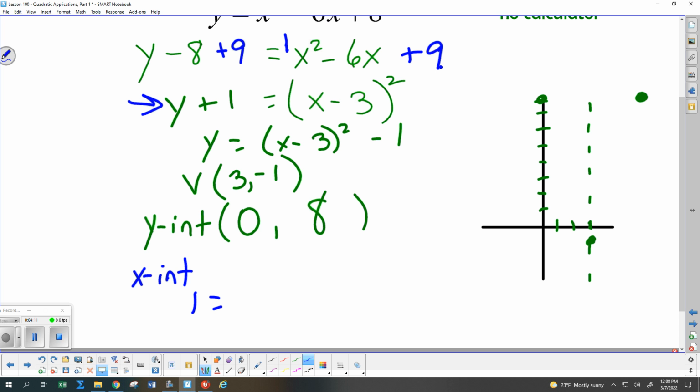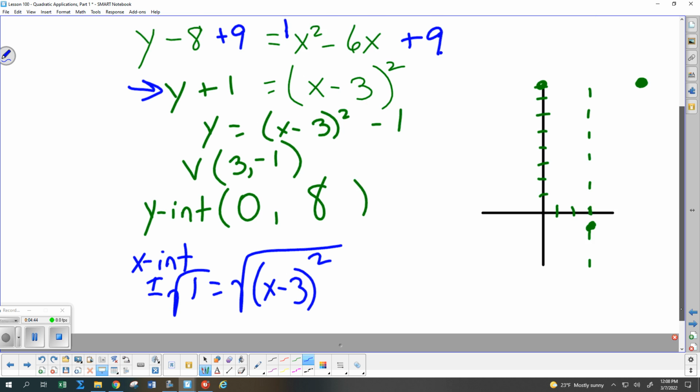So 1 equals x minus 3 squared. What do I do to simplify parentheses squared equals? Nicole, what do I do when I have parentheses squared equals? Square root is what you're drawing in the air. Square root of both sides. And when I do that, what do I have to remember? Plus or minus.